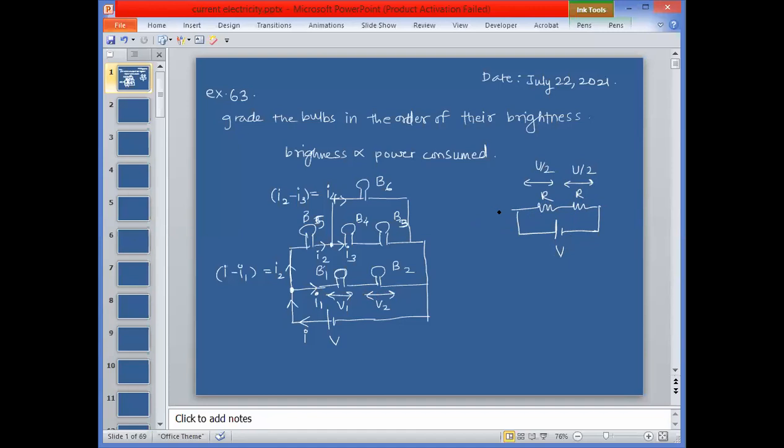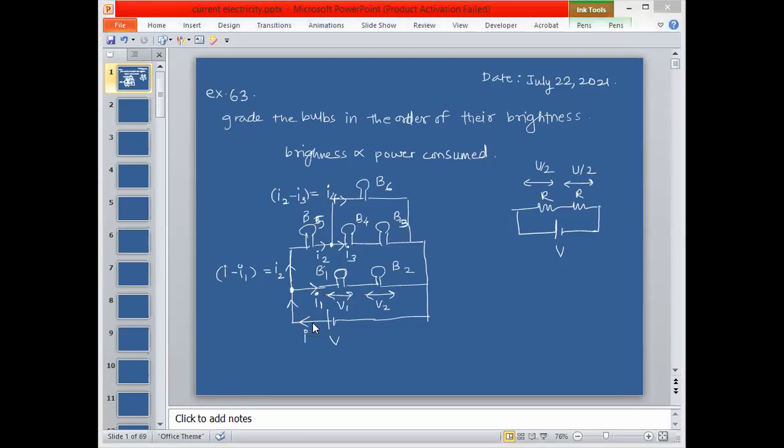Check it. Everyone reply me in the chat box. Can I say for these two bulbs which are in series, they are sharing the total potential of V? So first we'll have V by 2, second we'll have V by 2. Check it everyone. Reply me in the chat box.